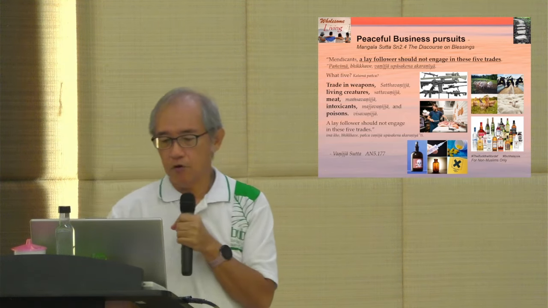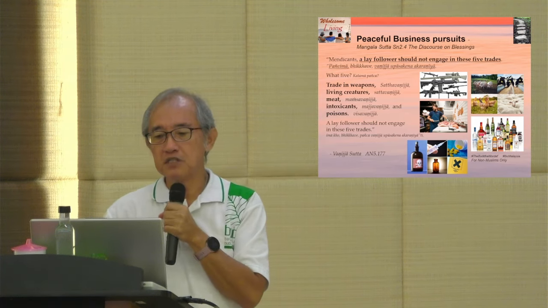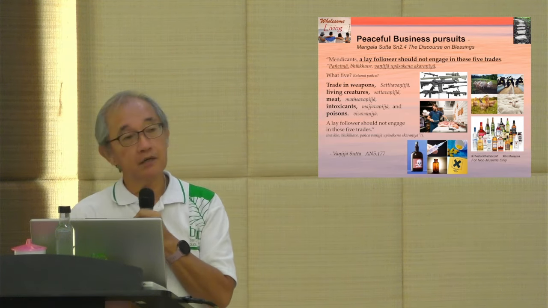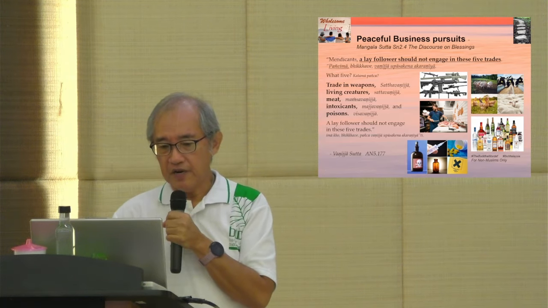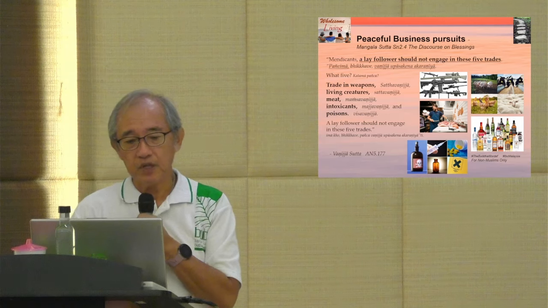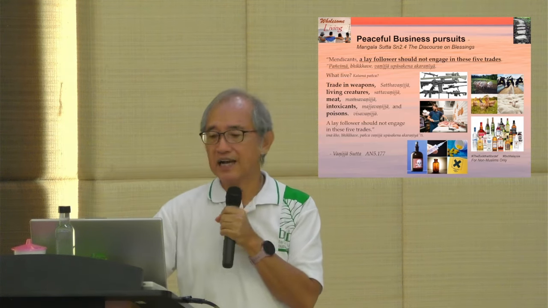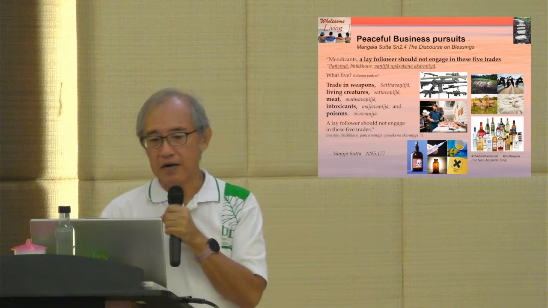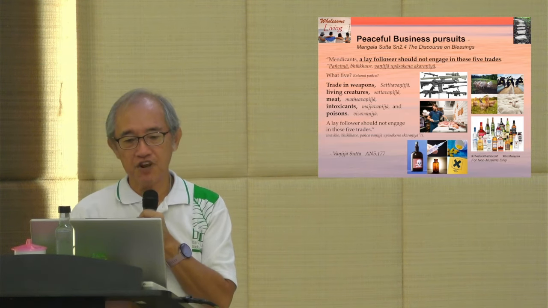Now, the practice of ethical conduct goes down to your business pursuit, what kind of jobs you are doing or business you're doing. So the important thing is you need to have peaceful business pursuits. And this is mentioned in the Mangala Sutta, so that you have blessing in your life. In the Vanija Sutta, the Buddha talks about not getting involved in certain kinds of occupations. Monks, a lay follower should not engage in these 5 trades.